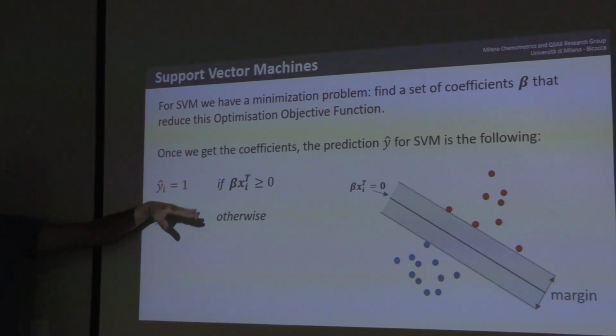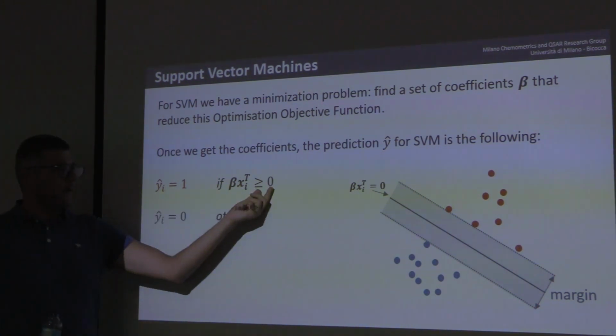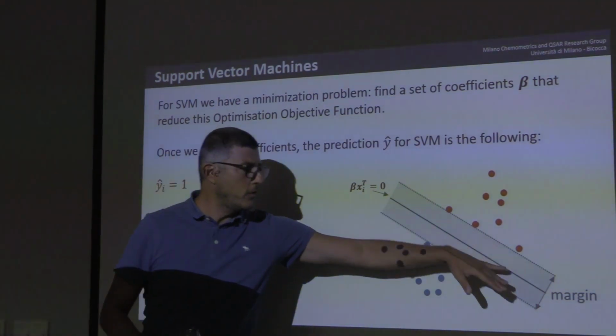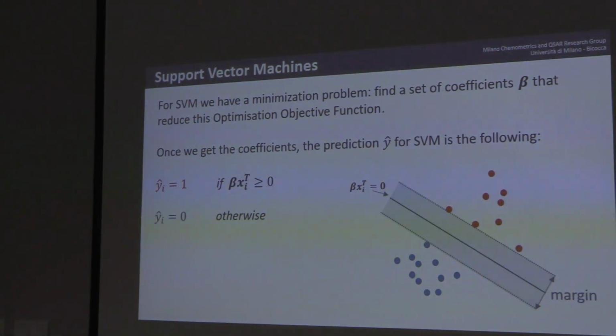Again, this can be positive, negative, Italian, Spanish, good, bad, male, female, whatever. These are the two classes we are modeling. So we use the 0 as the threshold of our classification.